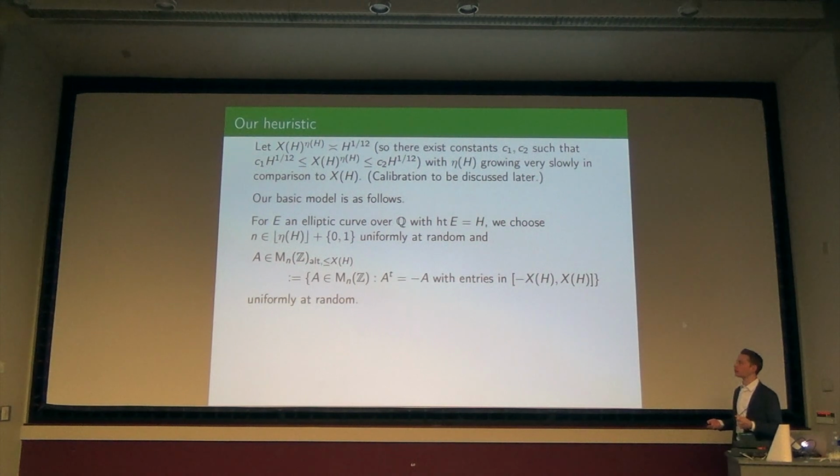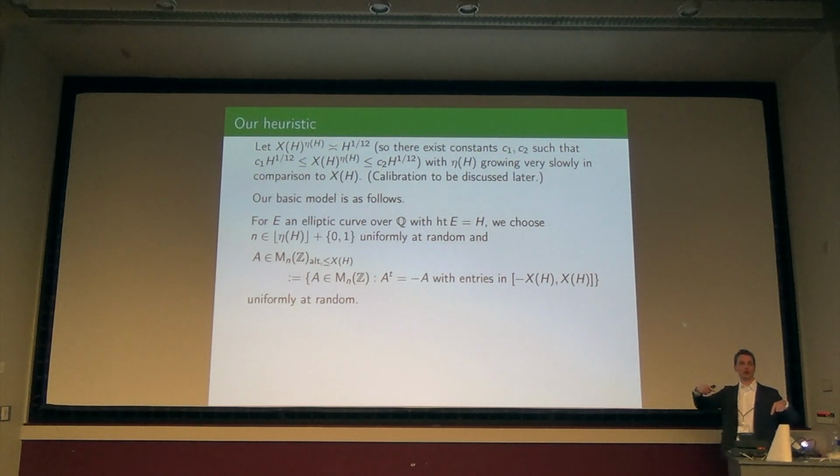Then I choose a random matrix with entries bounded of size x of h. It's an n by n matrix. I want it to be alternating, with integer entries in this interval, and I do that uniformly at random. I just write down the possible skew symmetric matrices.